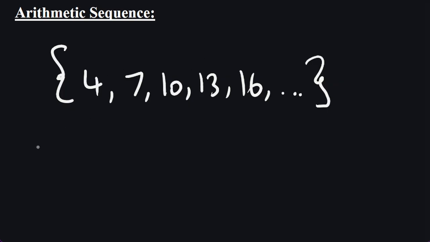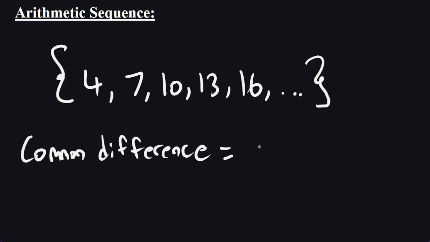So what makes something an arithmetic sequence is that it has a common difference. There is a common difference here. And the common difference, which we'll call D, is simply the difference between any two consecutive terms. So, for example, how do we go from 4 to 7?